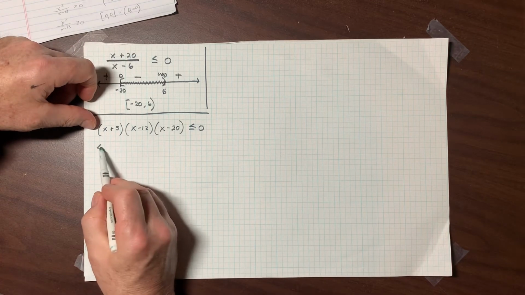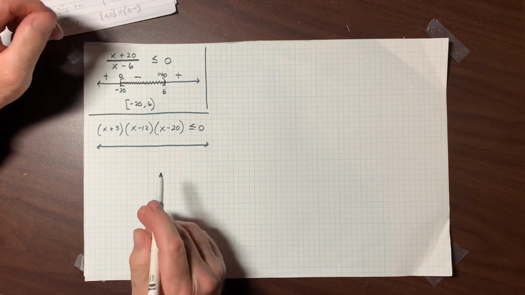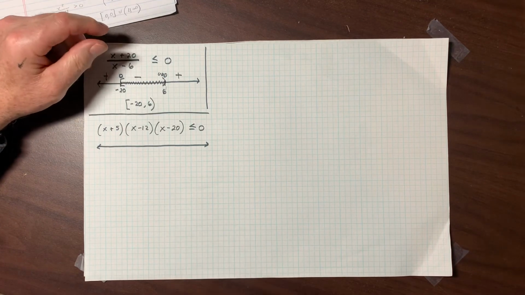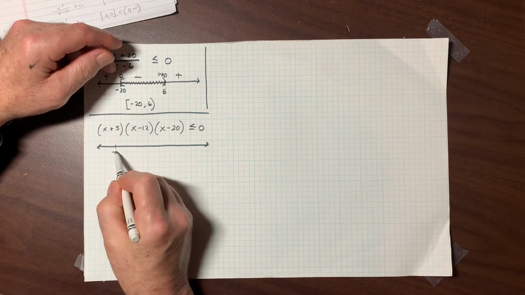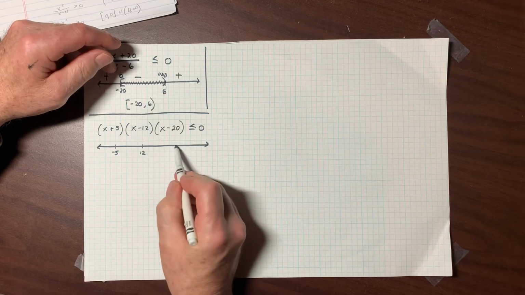Here's my sign line. I ask myself what values of x would cause this expression to equal 0: -5, 12, and 20.